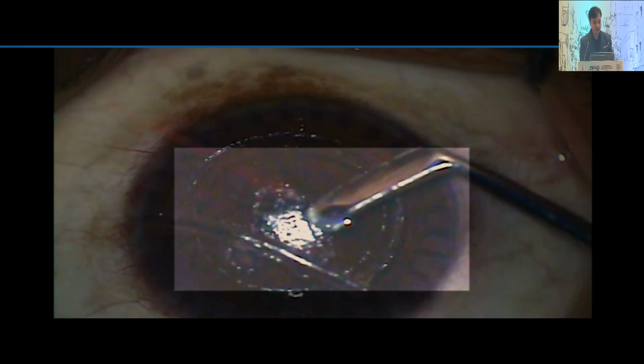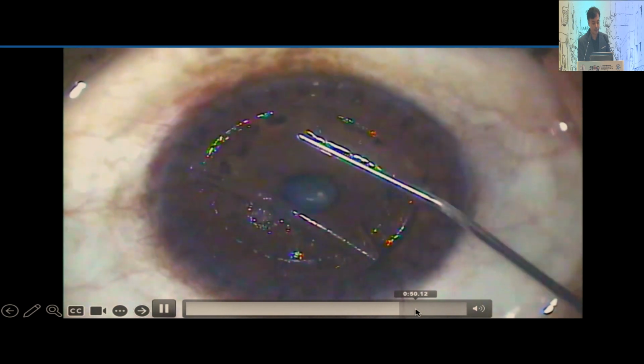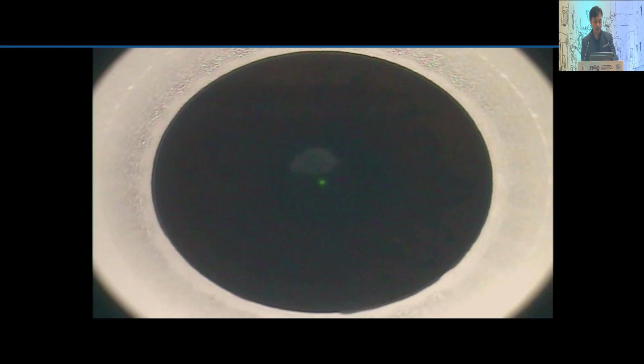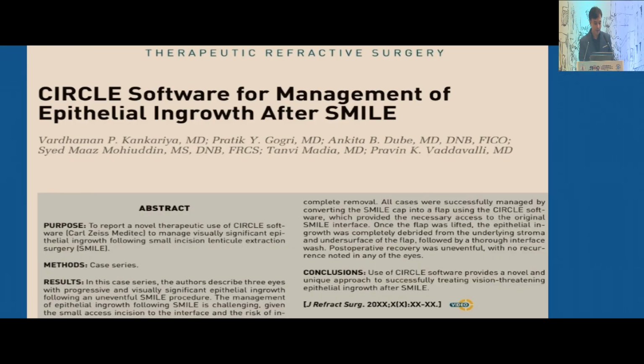Once this is done, you can use any tool of your choice like mitomycin C, put the flap back in its place, and after this novel use of CIRCLE, we could see that the patient did very well. Just 1 week after the procedure, the patient improved from 6/36 to 6/9 with a very small astigmatism. We published this case in JRS 2 years back.